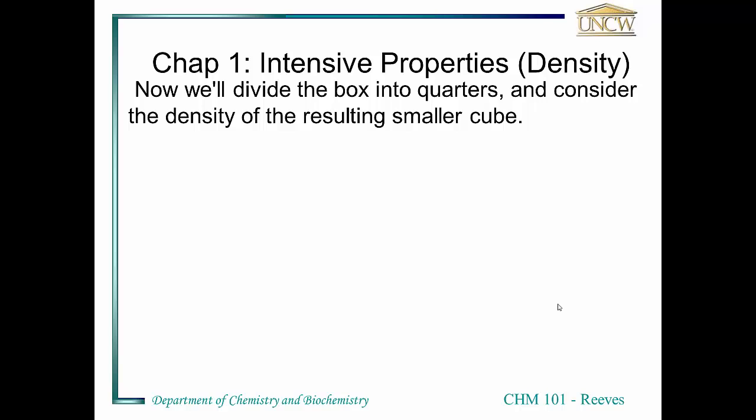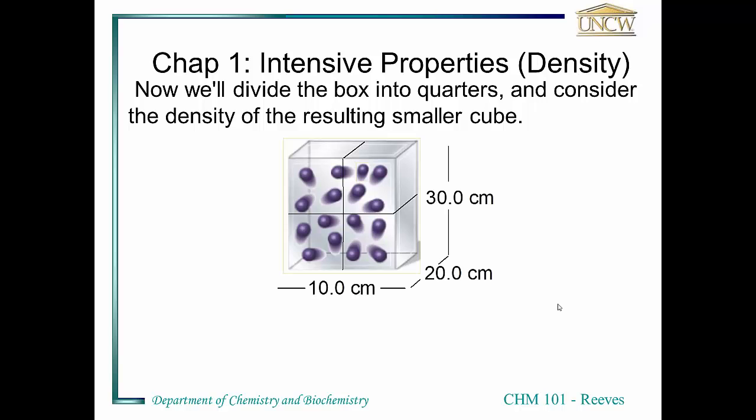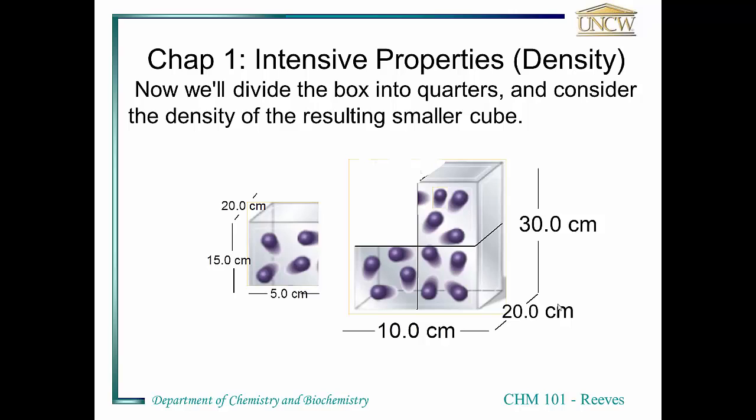Okay, well, if that's the case, suppose we take this box and we divide it into quarters. And we take a quarter of the original box and determine its density. In this case, the density is going to be not 16 grams. There's only 4 of these gram size particles here. So it's going to be 4.00 grams.